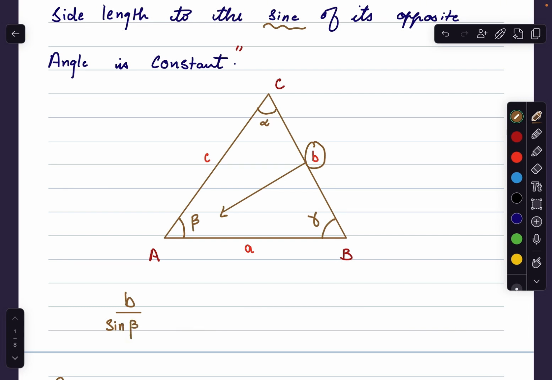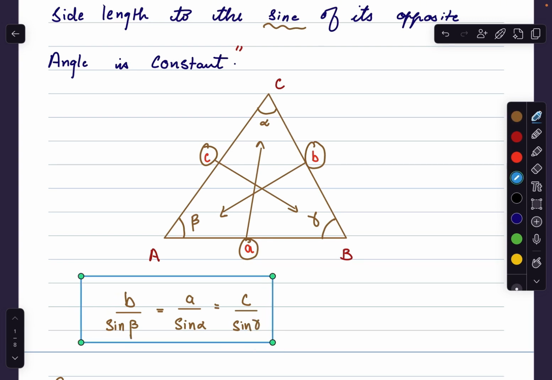They are constant, meaning they are all equal when you divide each side by the sine of its angle. Side a has opposite angle alpha, so a over sine of alpha, which equals c, the last side, whose opposite angle is gamma. So c divided by sine of gamma. That is simply the sine law.